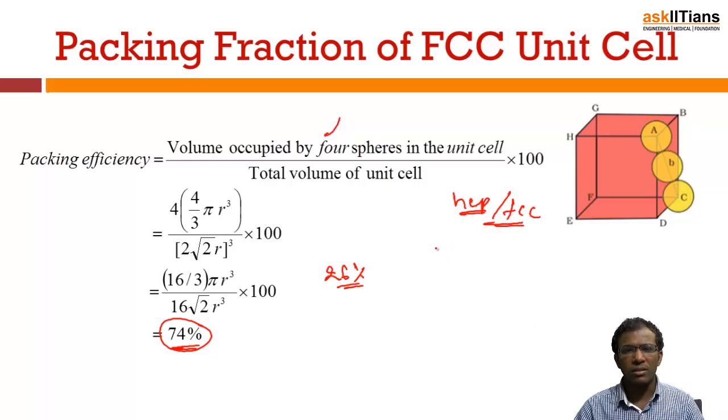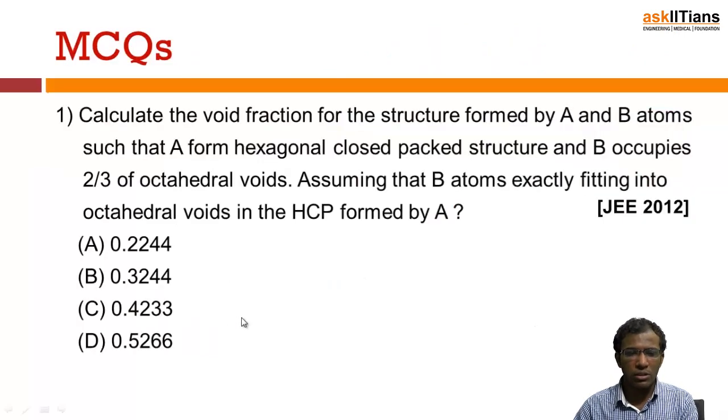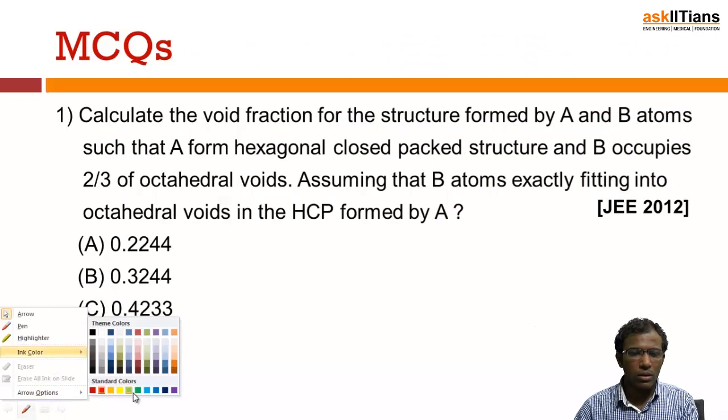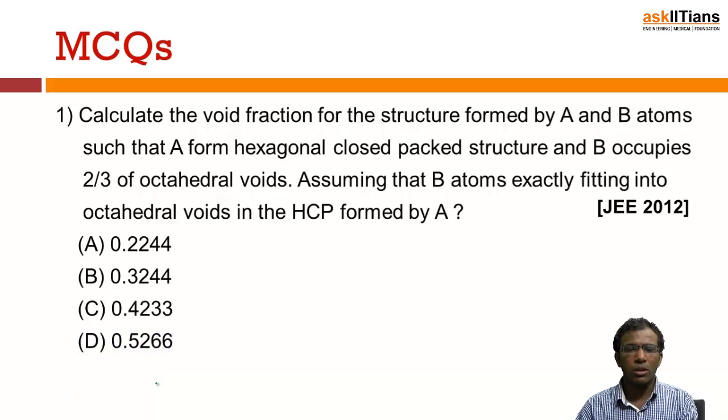Next is the BCC unit cell, which has 68% packing efficiency, and the simple cubic unit cell has the least packing efficiency. Okay, so this is all about the packing fraction. So let's do some questions based on the concept that we learned till now.